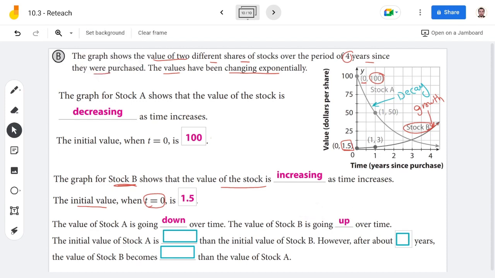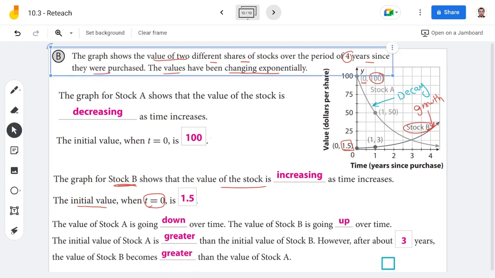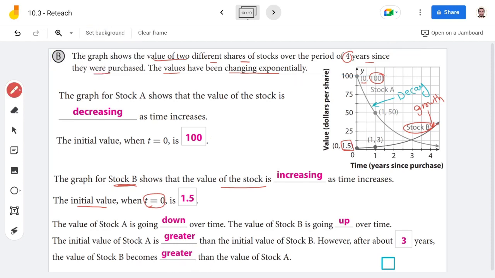The initial value of stock A is 0.5, which is greater than the value of stock B. However, after about 3 years, the value of stock B becomes greater than stock A. As you can see here, stock A starts higher than stock B, but it goes lower and lower until they become similar at this point, and after that stock B is higher than stock A, because A goes down.